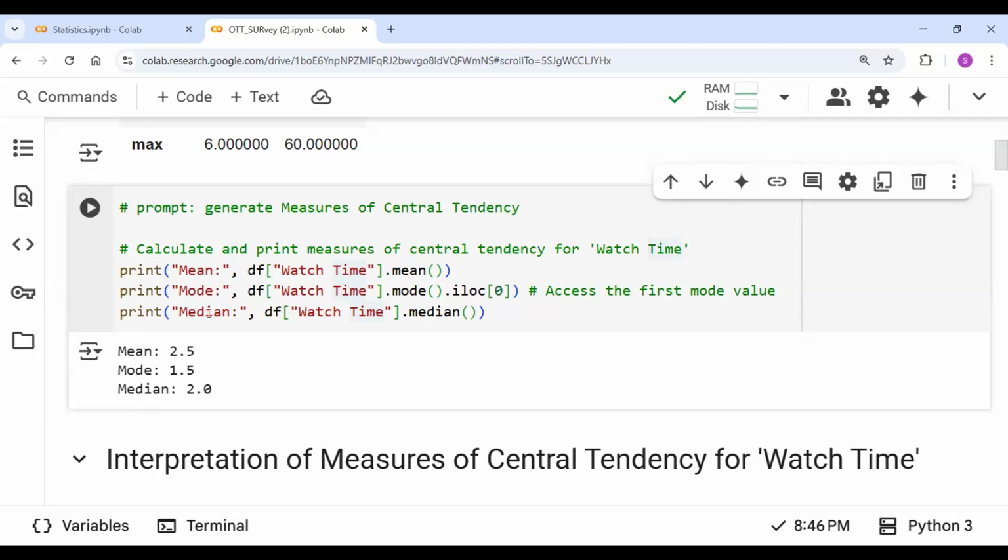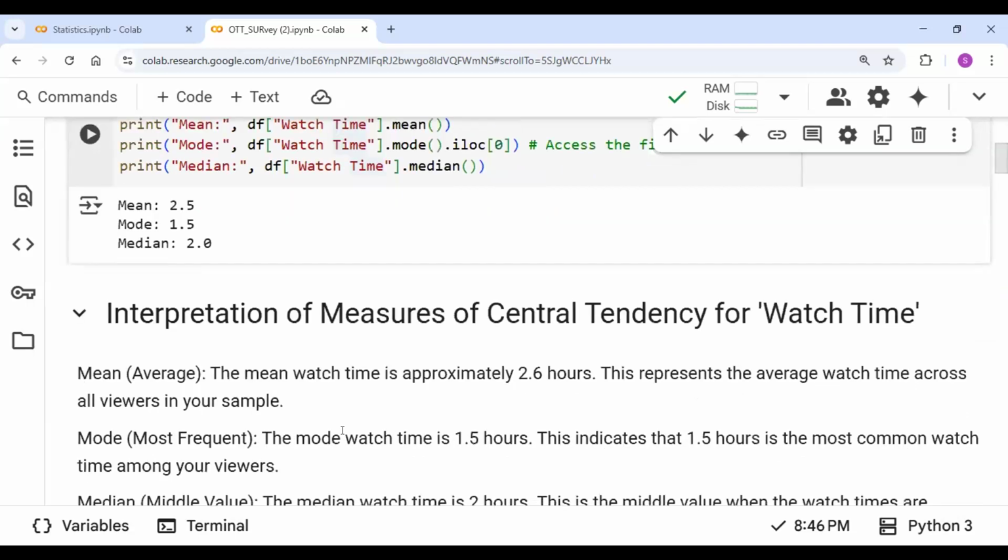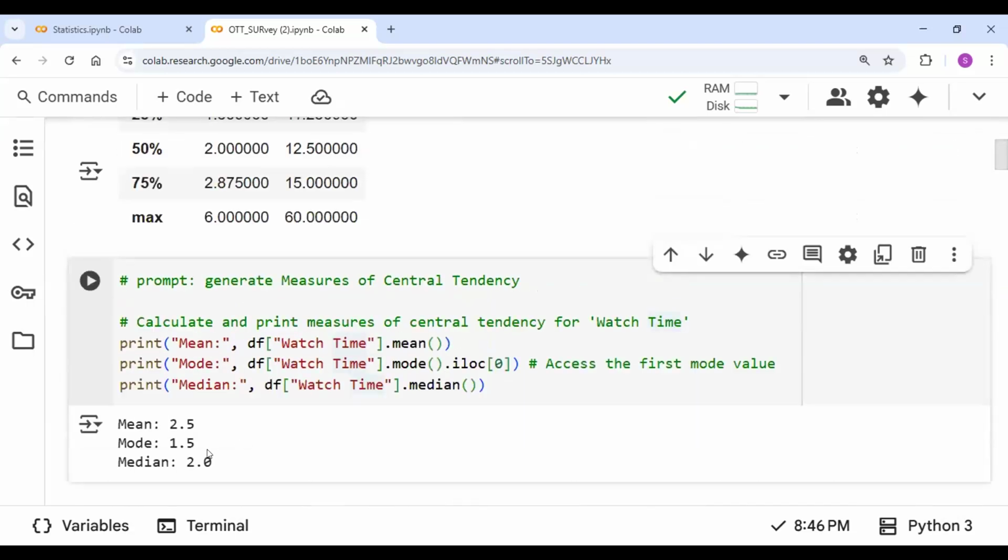By setting this 2.5 hours as a threshold, they will enhance the movies or whatever it is to increase this average watch time value. Are you getting, guys? You can tell this sort of story by identifying the mean, median and mode. These are the stories you want to get.